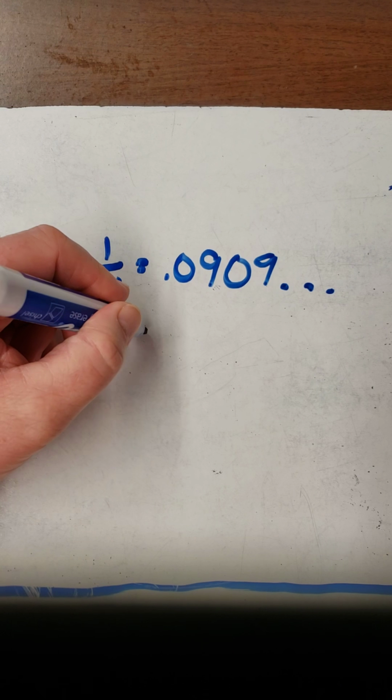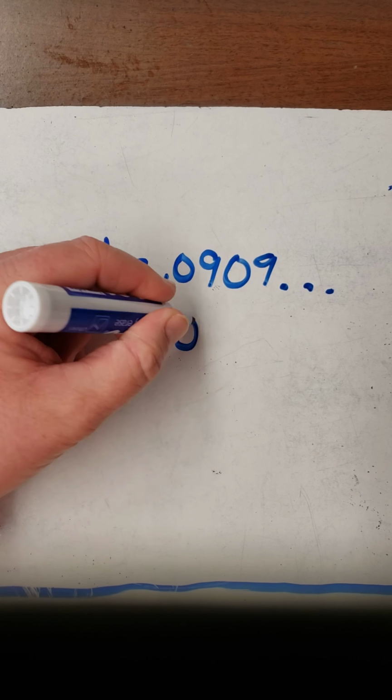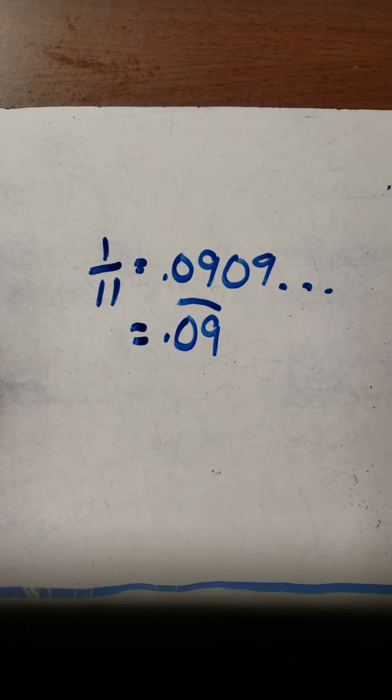So you can write that as 0.09 with a line over the two digits, 0 and 9. That means that the 0 and 9 are repeating. We do not perform computations with a decimal number that has a bar over the repeated digits. Instead, we use the fraction equivalent, or we round the decimal number to an appropriate number of decimal places.